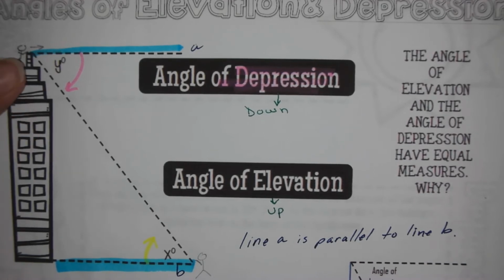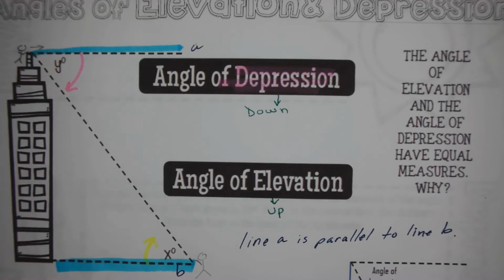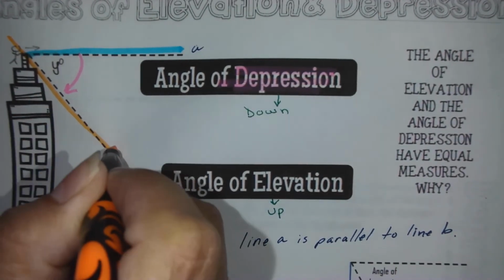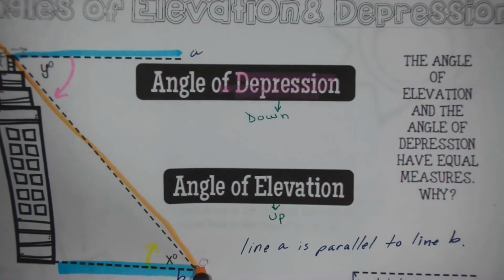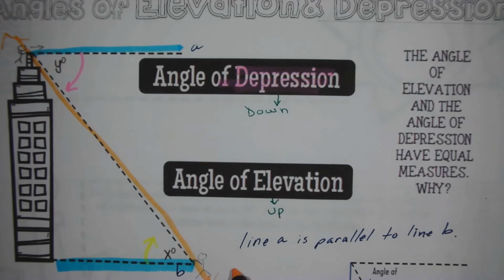Do you see what this is right here? That little diagonal right there, that should remind you of, ta-da, your transversal. So we're going to highlight this because that is our transversal. And we're going to label it now. So this is the transversal.